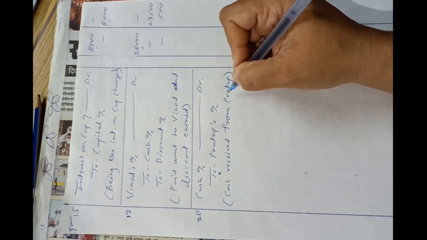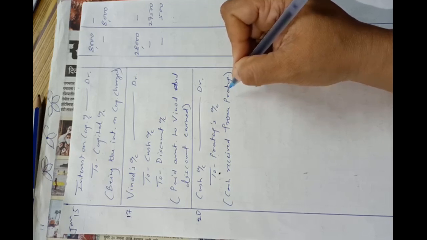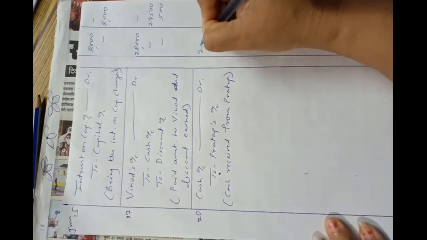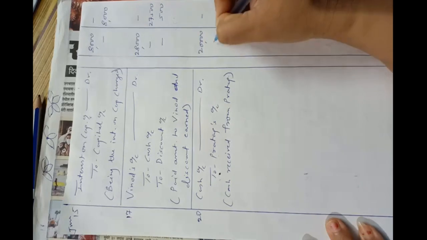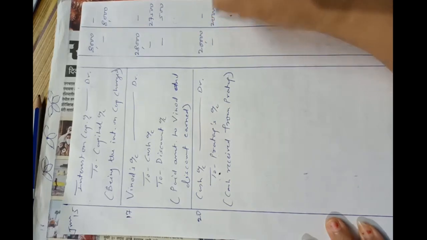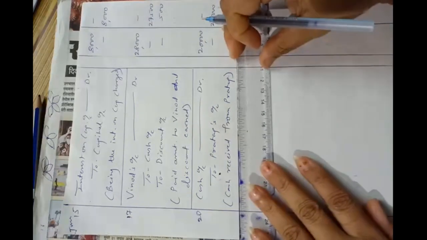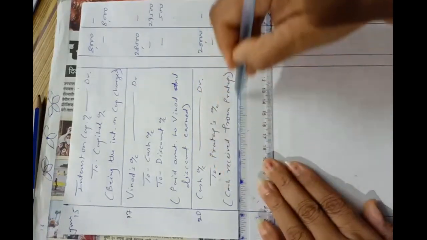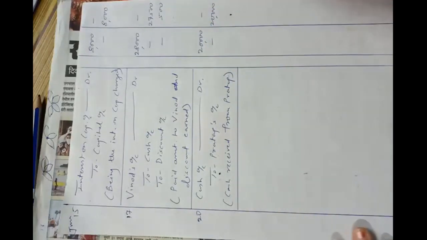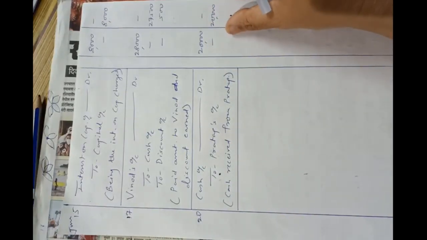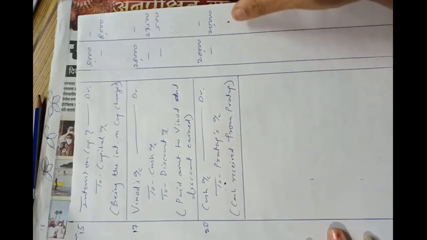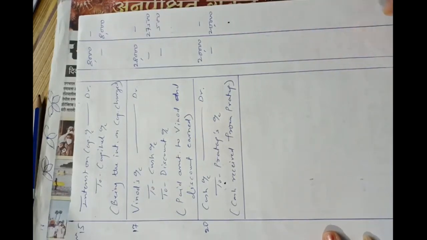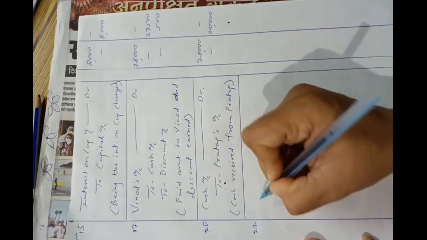So now we are receiving the due amount from him, means we are receiving rupees 20,000. Okay.